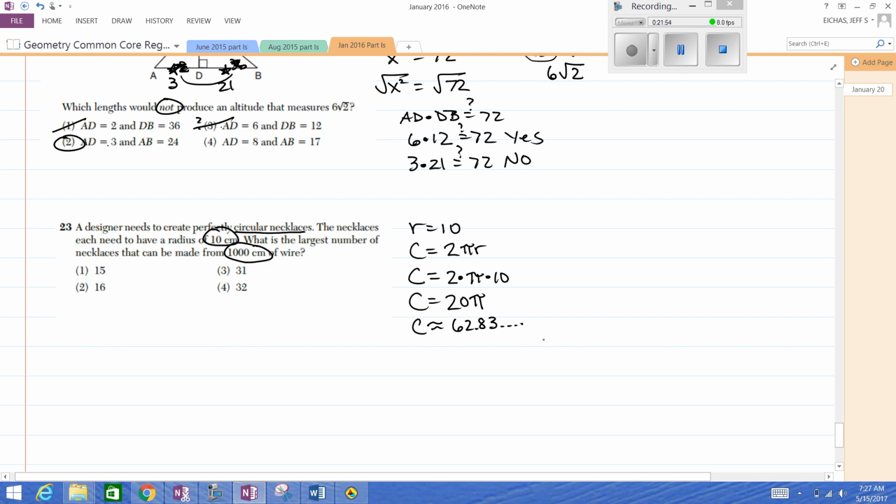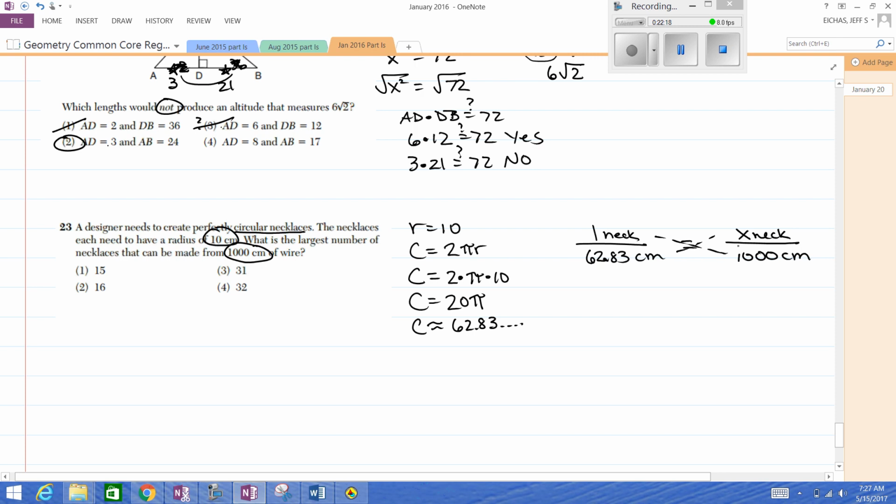And now you've got 1,000 centimeters of wire. Now all right, let's do it this way. One necklace is 62.83 centimeters of wire. How many necklaces for 1,000 centimeters of wire?